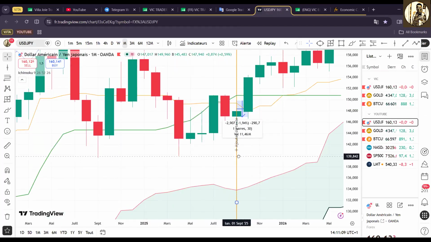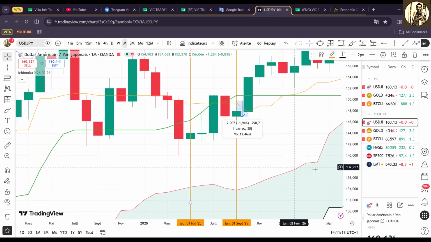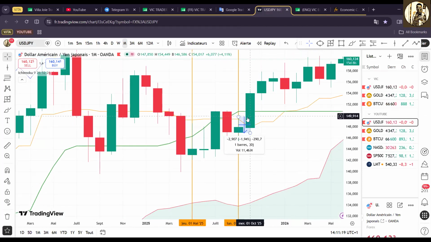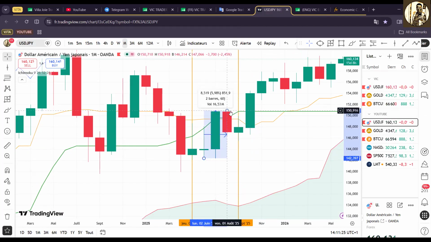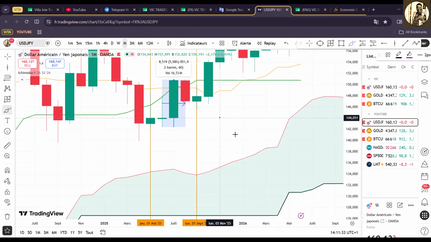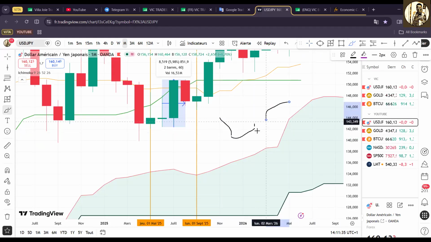And then for this uptrend that starts from this level, we have from this bottom to this top, and this one is the first touch of Tenkan. So what I'm doing is that when Tenkan bends to the downside, then Tenkan goes to the upside.